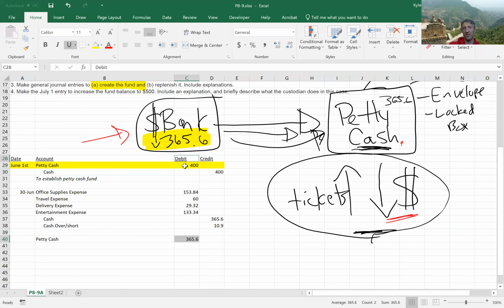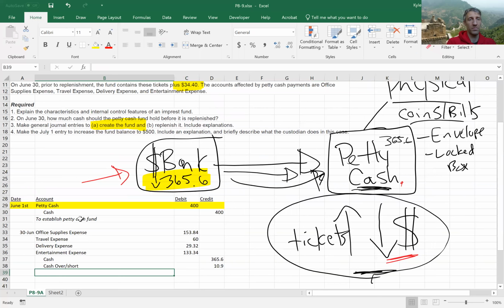So we don't debit petty cash again. So that was part 3, requirement B. We're done with that. It said include explanation. So the explanation could be to reimburse petty cash and bring up to target balance of 400.